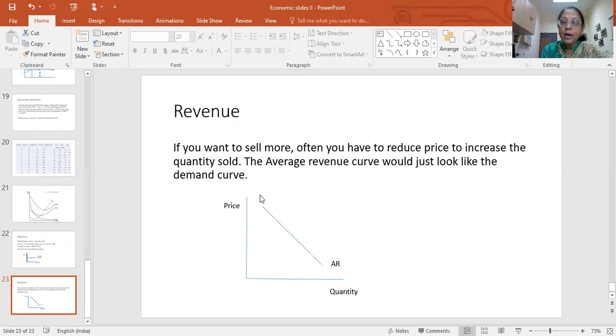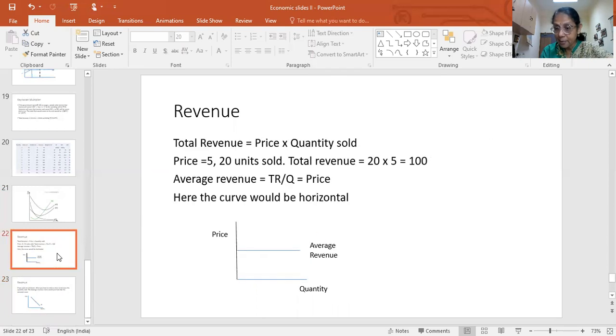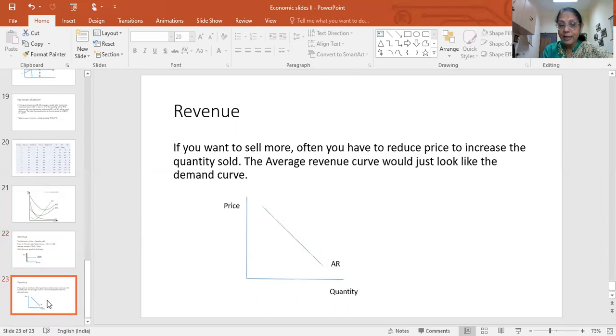And so your average revenue curve will look like your demand curve. It will be a negative sloping curve. If the price remains the same, whatever the quantity that we sell, then it is a horizontal line. If we realize that it is not going to sell more quantity unless we decrease the price, then the average revenue curve would be like this.